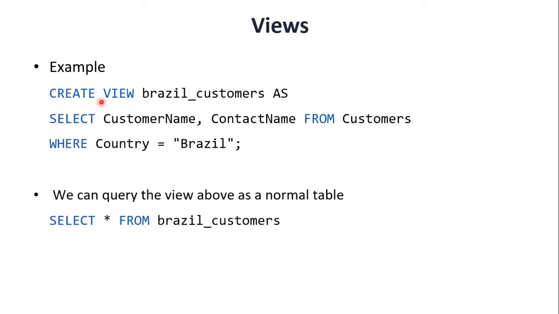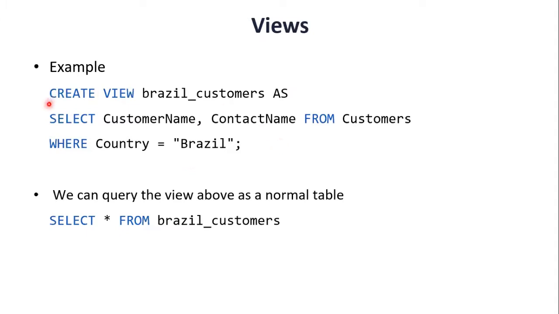Here we write create view, and we have named the view Brazil customers, followed by a select query: select customer name, contact name from customers where country equals Brazil. If we forget this part, this is a normal select query which will select all the customers where the country is Brazil.